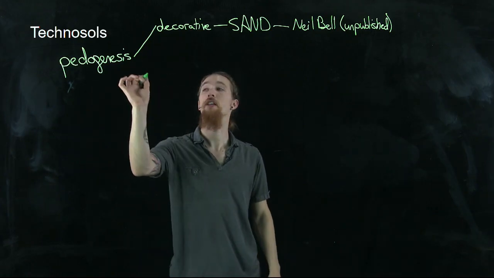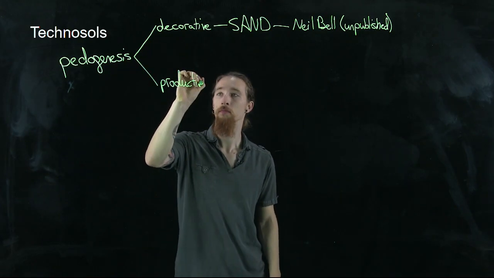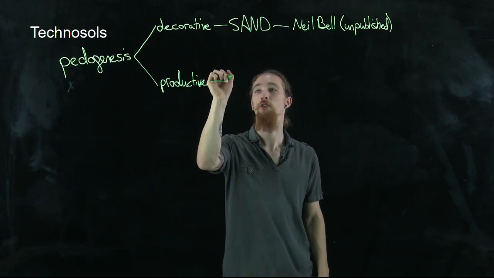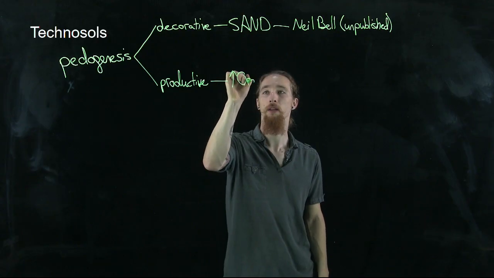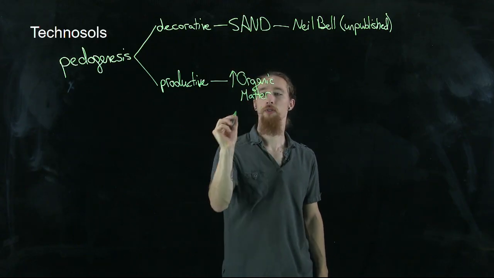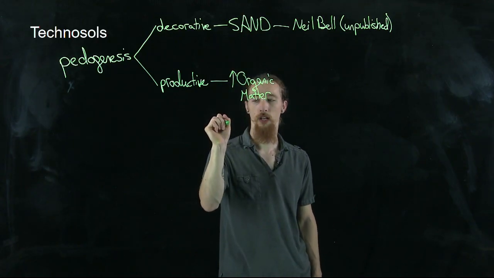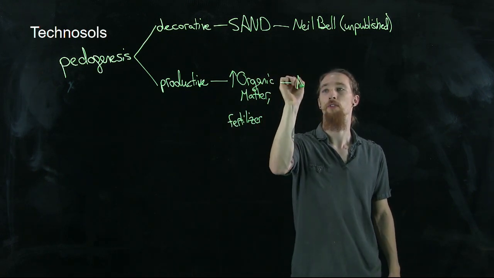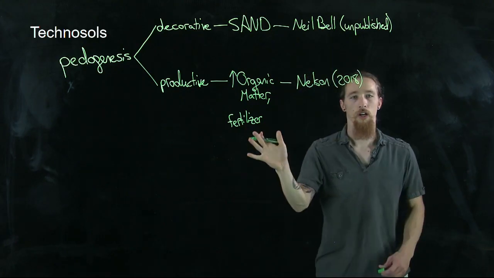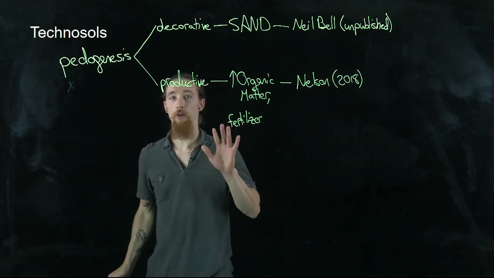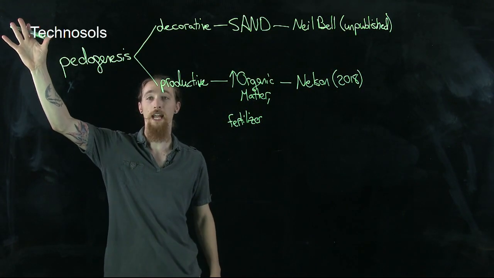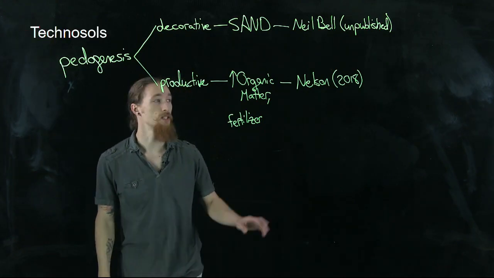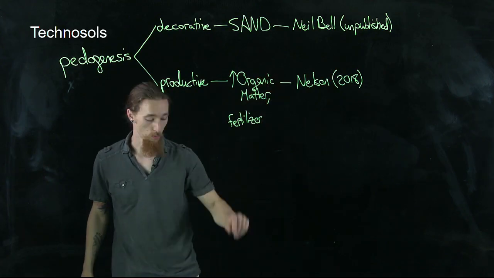Then the other end is for productive use. This goes to the other extreme. This tends to be incredibly high in organic matter and also tends to receive fertilizer inputs. And this came from my research, basically just looking into urban gardens, urban created soils, urban technosols, and be it in-ground or raised beds, the organic matter was pretty intense.